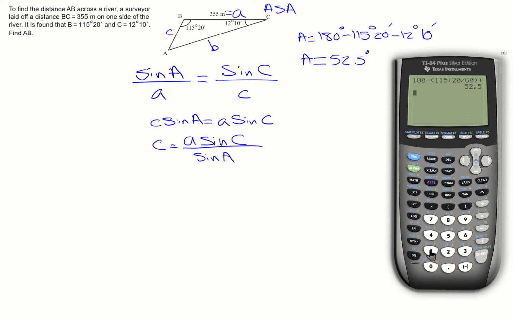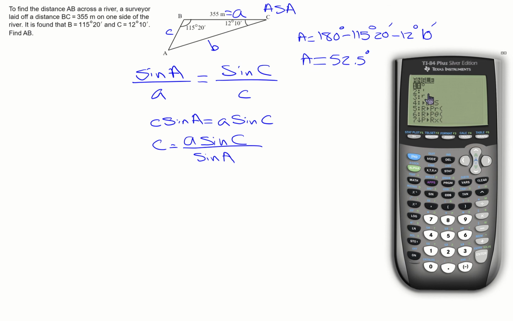Now let me also show you, since I promised, how to do it with the minutes on the calculator. So basically what you would do here is you would say 180. You can bring up the angle measures like this. So you push second apps, for instance, on this calculator. Notice degrees, minutes, etc. So we have the degrees, and then we'll go minus 115. So we go second apps again to bring up the degree menu, so we get degrees, and then we're just going to type in 20 and then second apps.